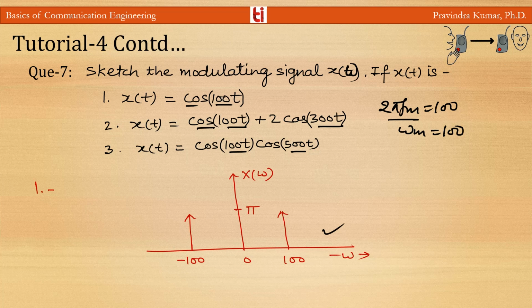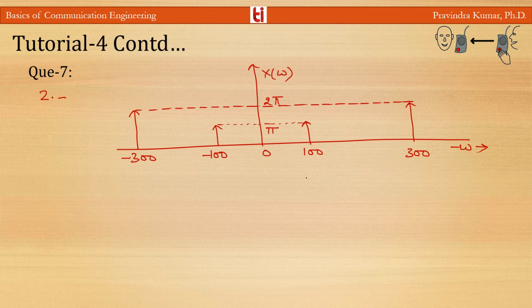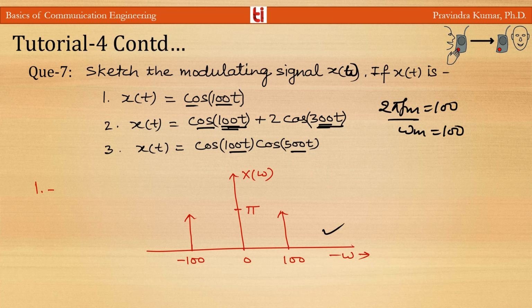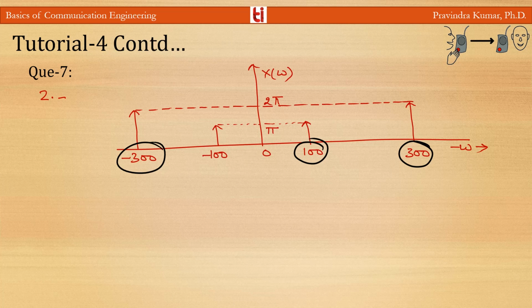For the second part there are two frequency components, 100 and 300, and the amplitude for 300 is 2 times the amplitude for 100. So we have written the amplitude for 100 as π and for 300 as 2π.